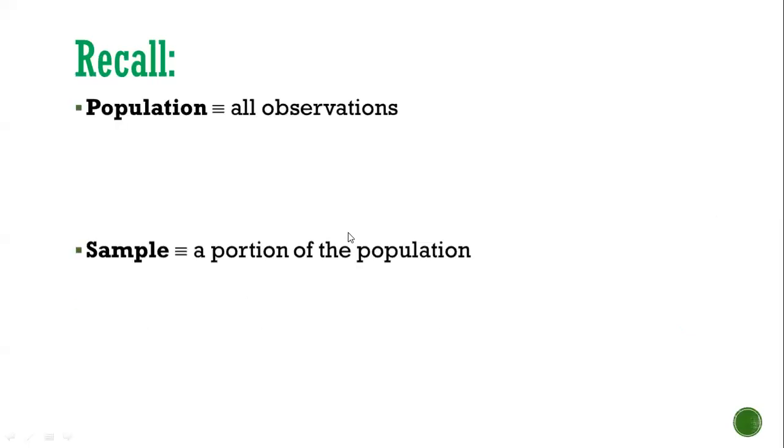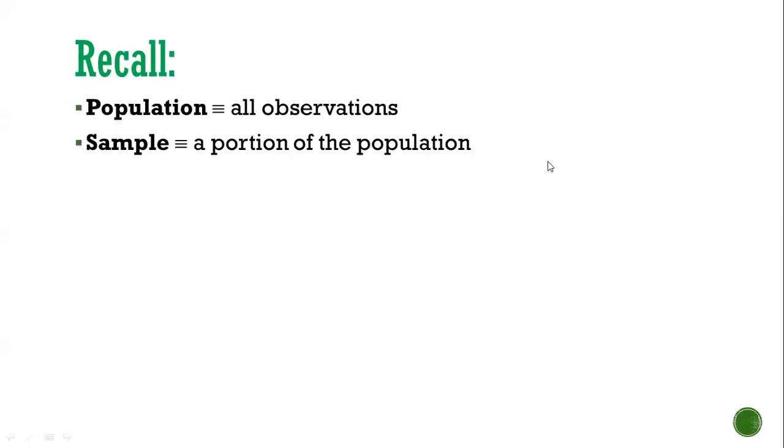So mag-start tayo sa dalawang definitions. We have here your population and of course your sample. Based from your last module, your population would be your set of all observations. So all elements that comprise your study is your population. Whereas your sample here is just a portion, a subset of your population.